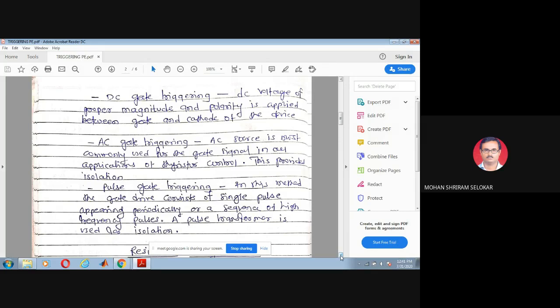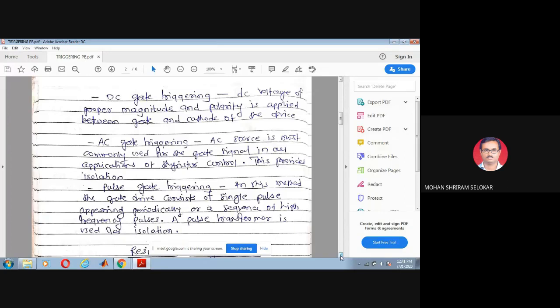Even if you apply a negative gate voltage, your SCR cannot be turned on, because the requirement is a positive polarity voltage between the gate and cathode. So that's why it is said proper magnitude and polarity. Polarity should be positive. In addition to that, proper magnitude means you have to apply so much voltage that the minimum requirement of gate current, which we have studied in the gate characteristics of SCR, the requirement of IG min, should be met.